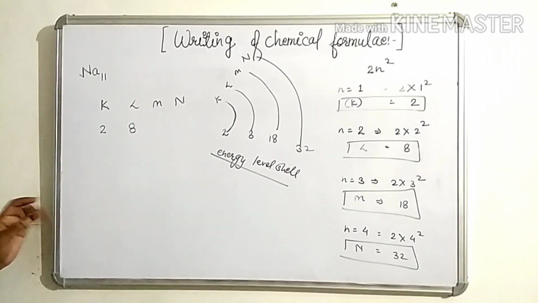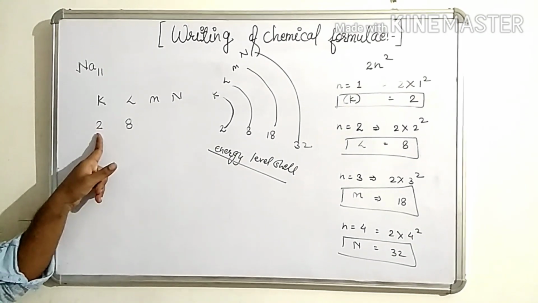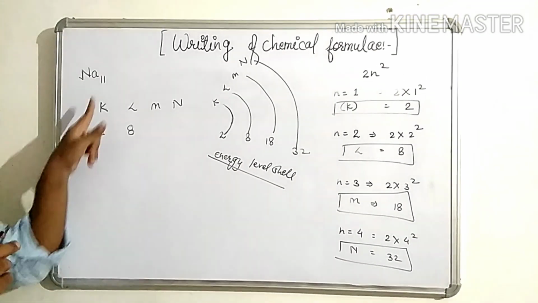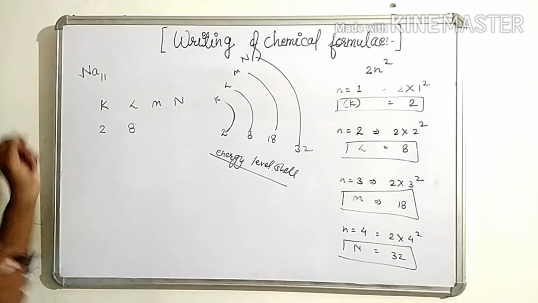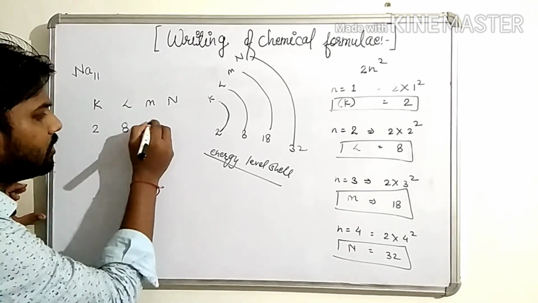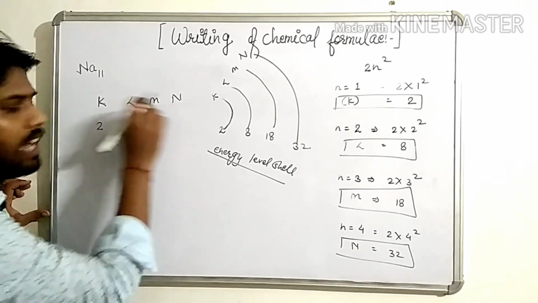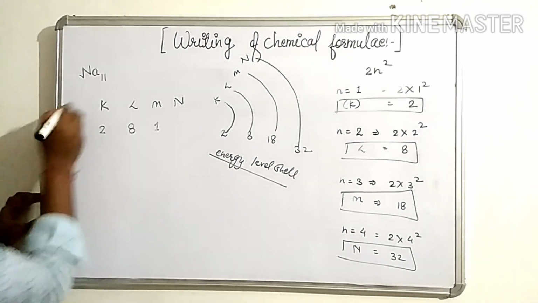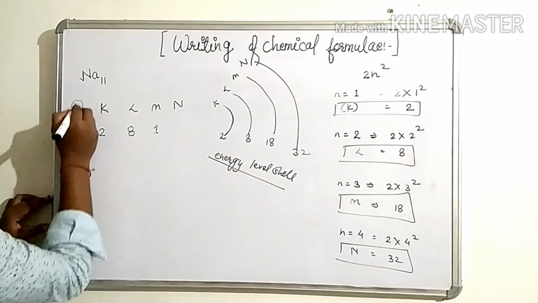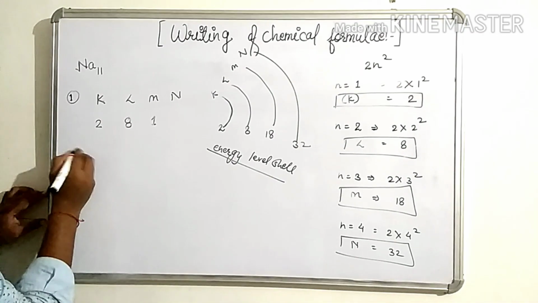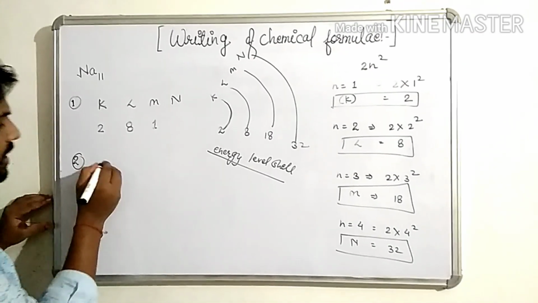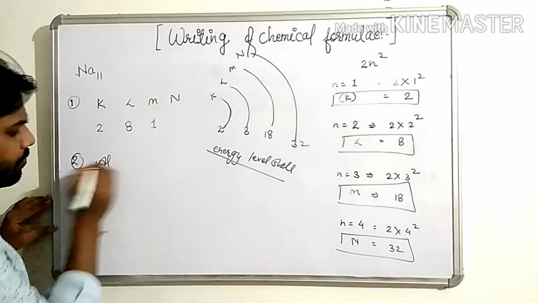Now count 8 plus 2 is 10, and we have to fill how many electrons? 11 electrons. The remaining 1 electron will be in the M shell. Easy children? First example. Second example. Aluminium.